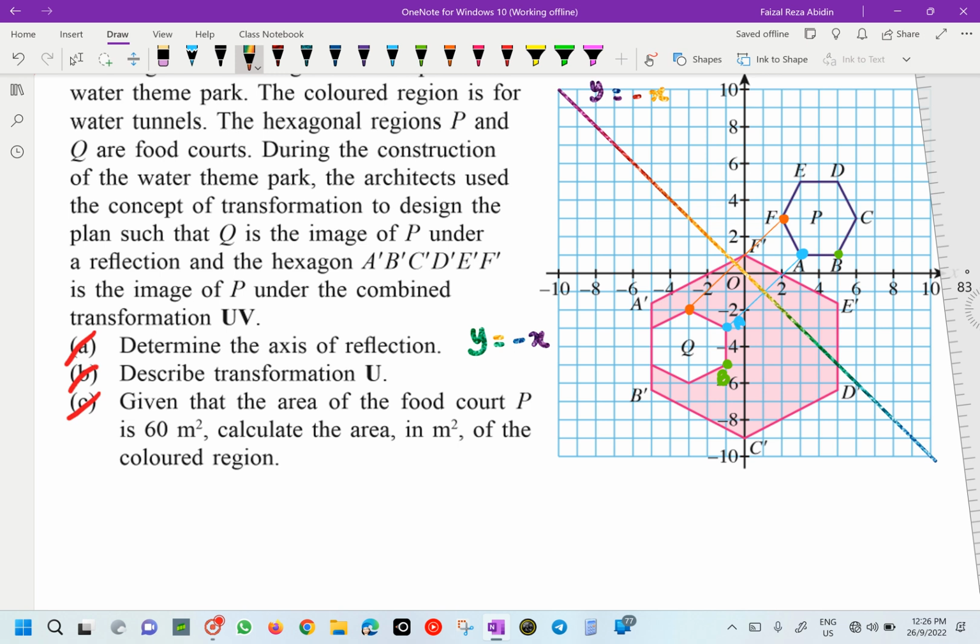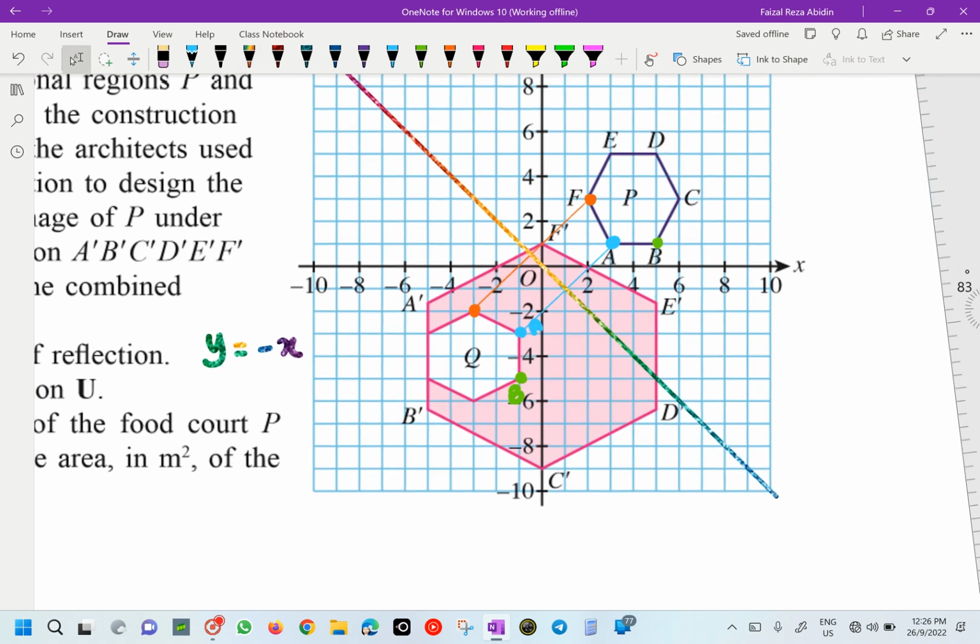Okay, describe transformation U. Just now, what was it? Transformation V. V is a reflection, and after you reflect from P to Q, you are going to enlarge. So, if you look over here, girls, our AB is going to be on the left side.